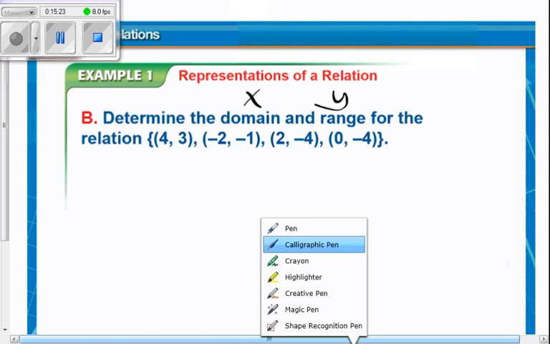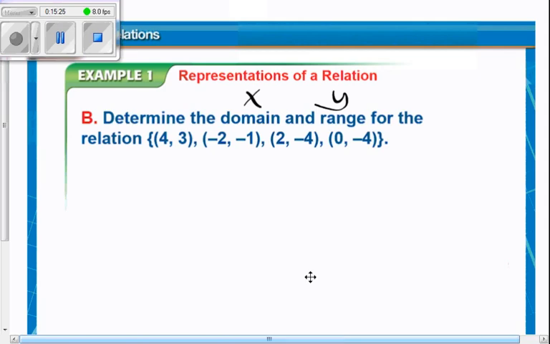So, ladies and gentlemen, I'm going to make all my domain blue. Now, it's in alphabetical order. So, if I'm looking for my x's, which one is it? The first number or the second number? If you said the first number, outstanding. Okay? And in your notes, you would write this.